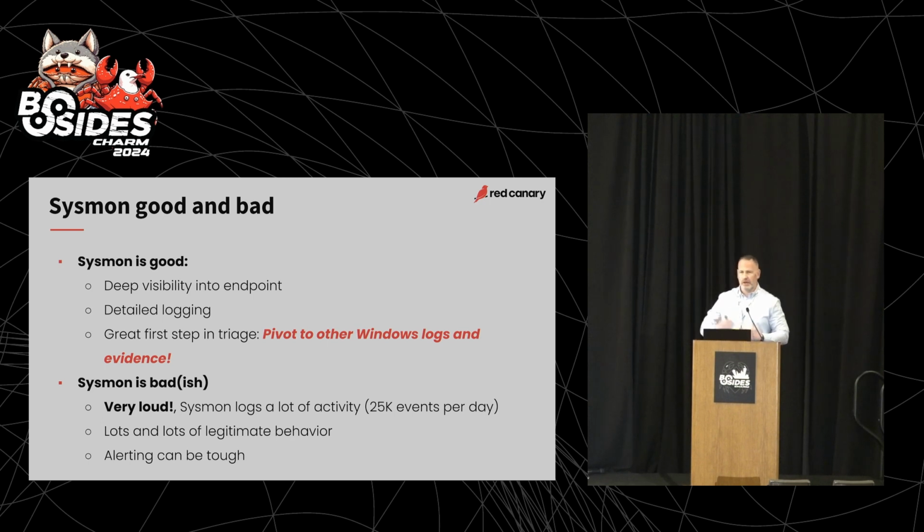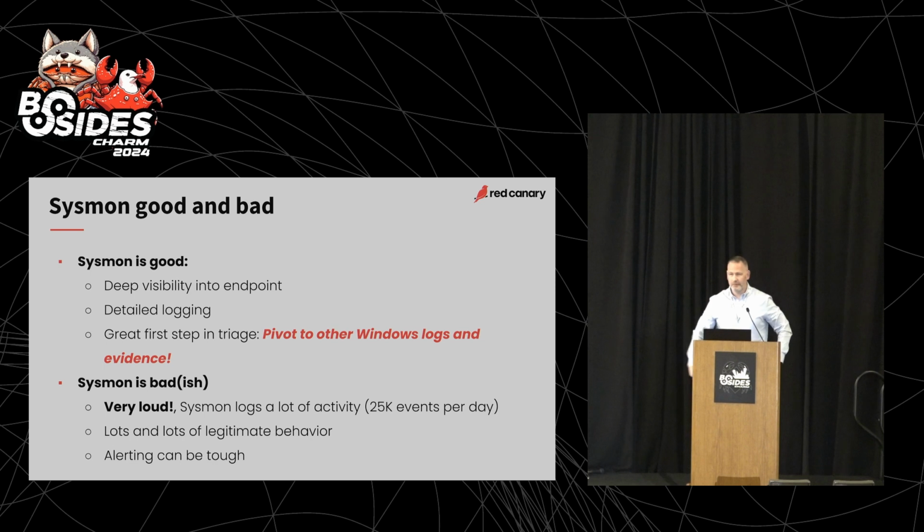It gives you a lot of detail, not just on a specific aspect, but on a complete sequence of activity that's been going on on that endpoint. So if we look at something like a download, we can see a download and then potentially executed. And we'll talk a little bit about, when we get into more detail, what that actually looks like.